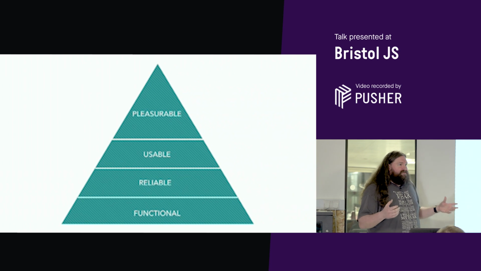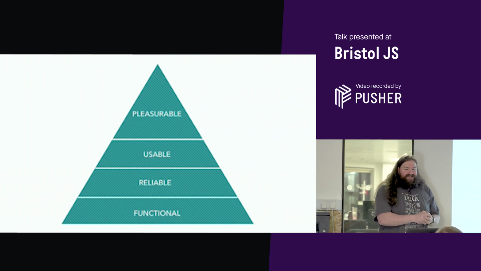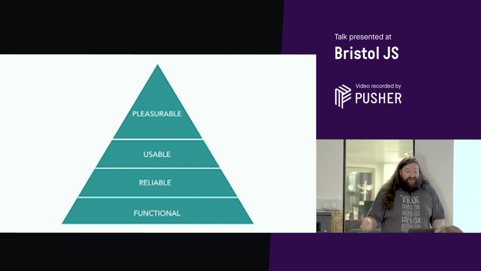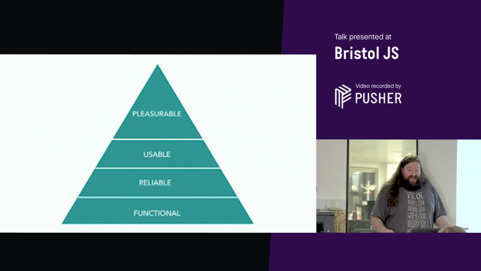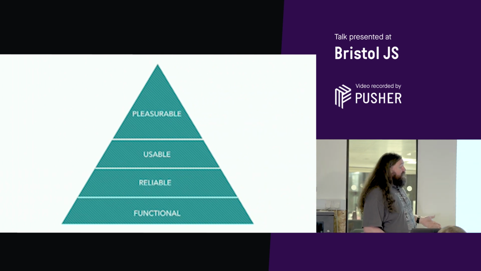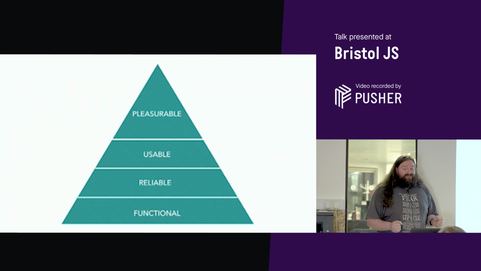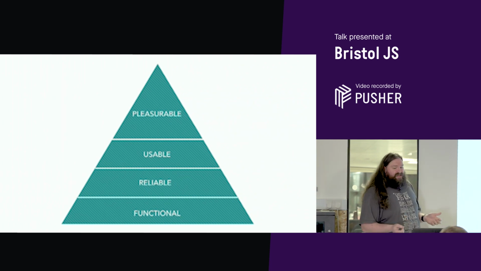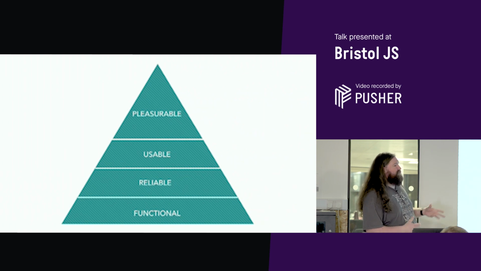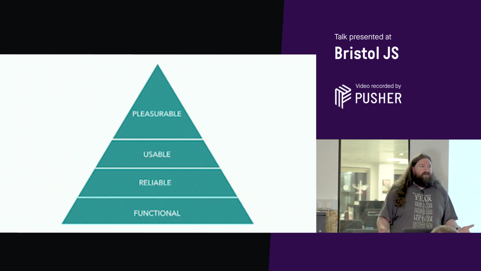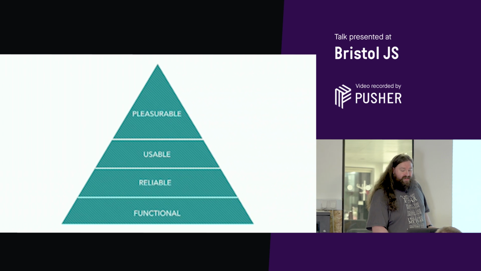My day job is based around the Web Content Accessibility Guidelines, the W3C standards, and they're pretty good at deciding whether something might be functional, even reliable, from an accessibility point of view. So we can test if a button on a web page can be operated with a keyboard.